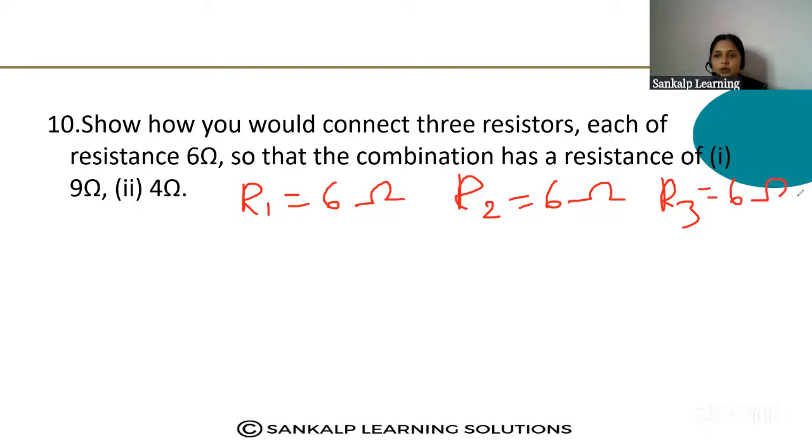You should make a combination of these resistors that has the total resistance 9 ohm and 4 ohm.